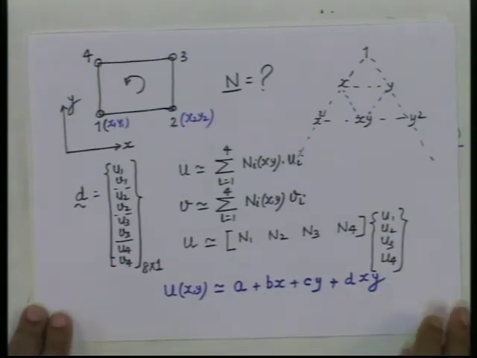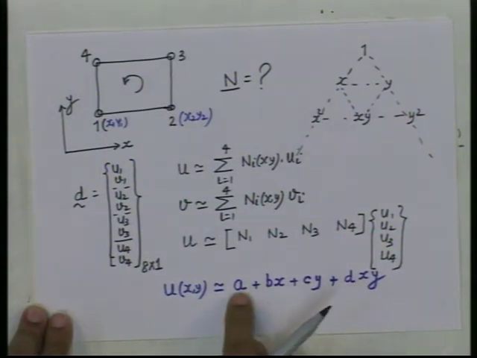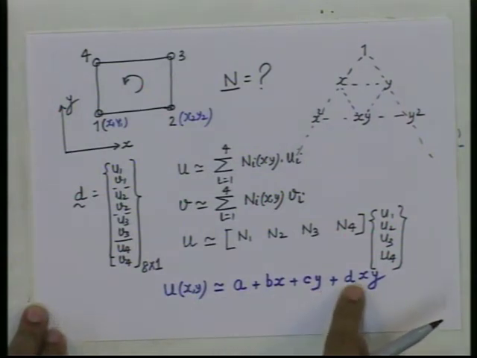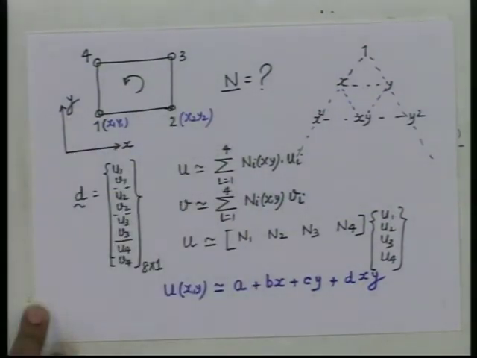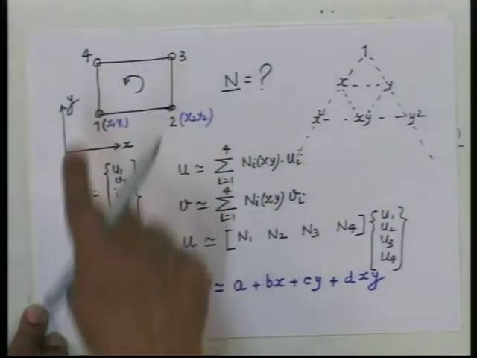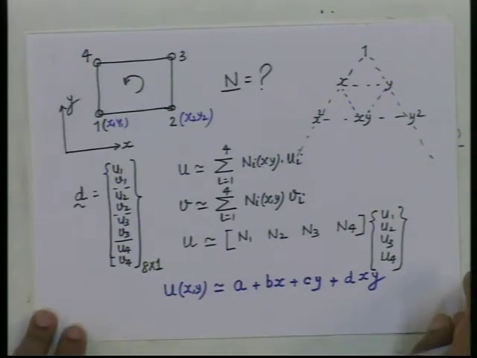So, you cannot keep more constants here than the number of nodes that we have got. It is not that I can take any number of terms here in the polynomial, no. So, 4 is restricted because there are only 4 equations that I can write, and therefore, 4 constants can be found out.